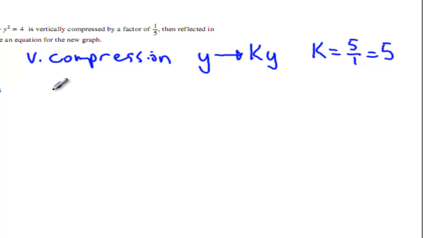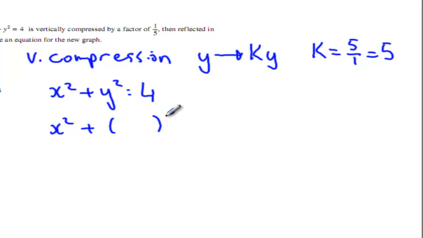Let's take our original relation, let's not call it a function, x squared plus y squared equals 4. You may recognize this particular shape, and then again you may not. I don't think you really need to in order to do the question. So here's x squared. I'm going to put in some brackets for my y, which gets squared, equals 4, and I'm going to replace y with 5y.